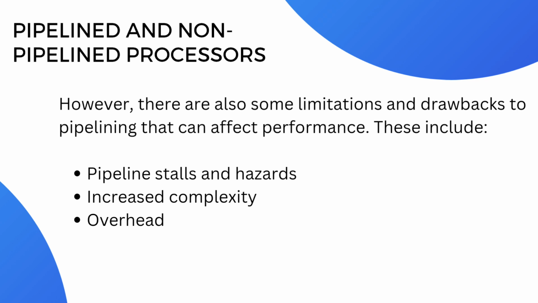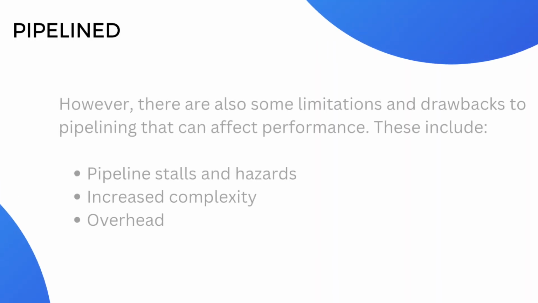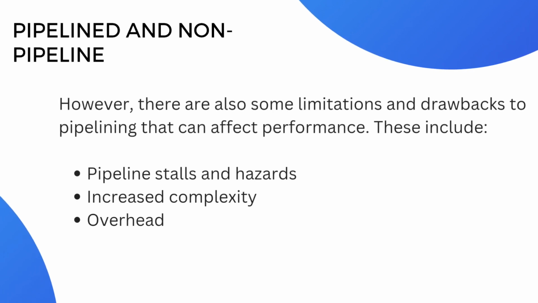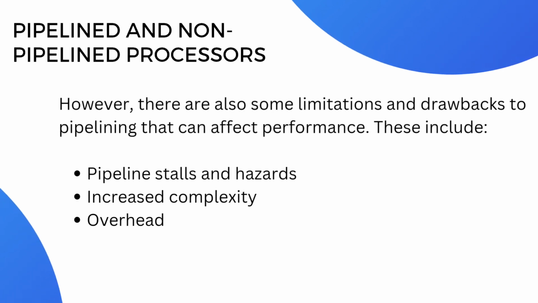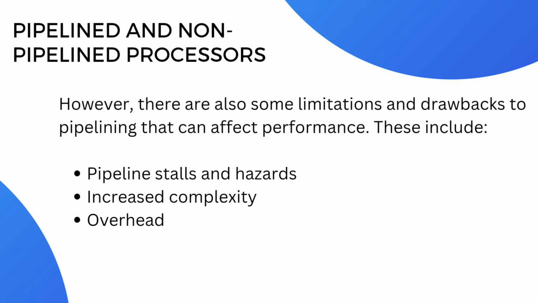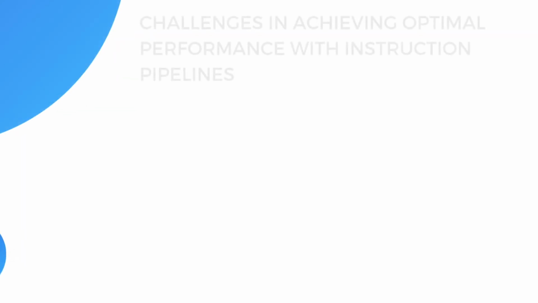Pipeline stalls and hazards: pipelining can introduce hazards and stalls in the pipeline which can reduce the performance gains of pipelining. Increased complexity: pipelining introduces additional complexity into the processor design which can increase design and implementation time and also increase the power consumption. And overhead: pipelining introduces additional overhead in terms of hardware required to implement the pipeline. This can increase the cost of the processor.